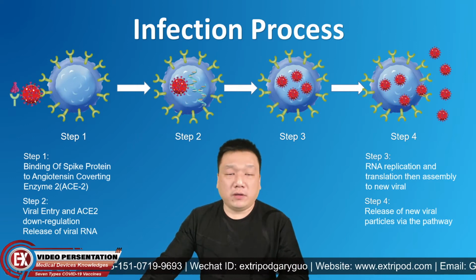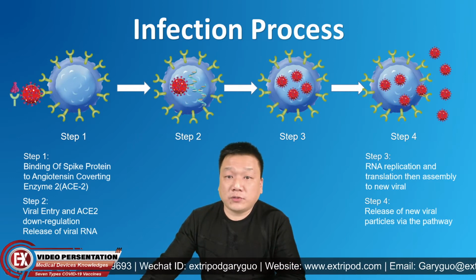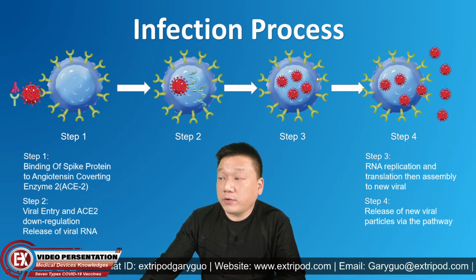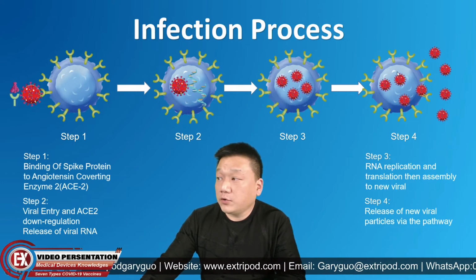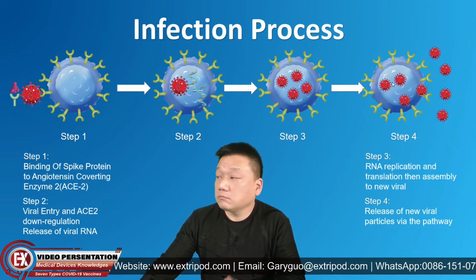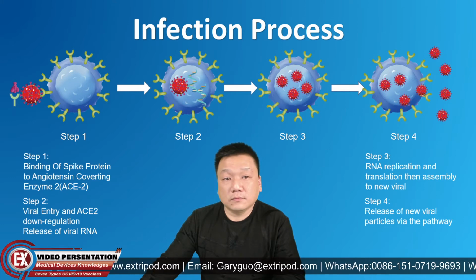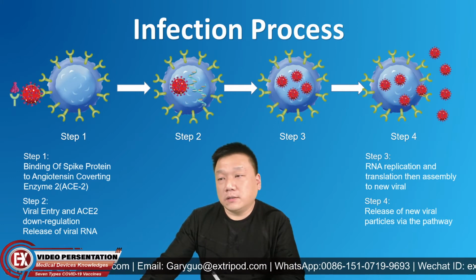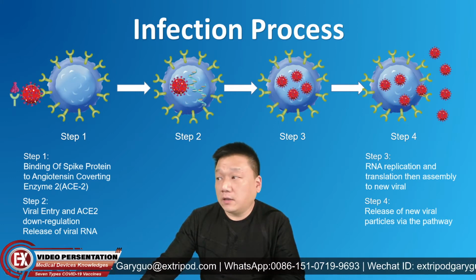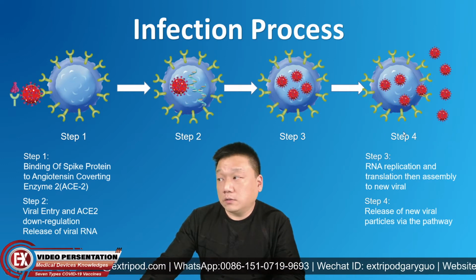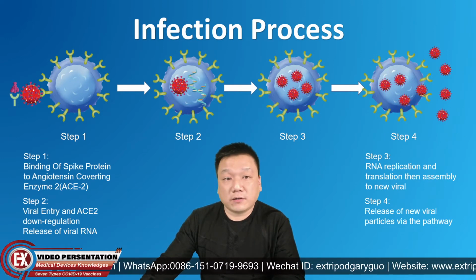The RNA will replicate and translate, then assemble into a new virus. The final step, the new virus will come out of our cells. So this is the main process, and after finishing, they will infect more cells.